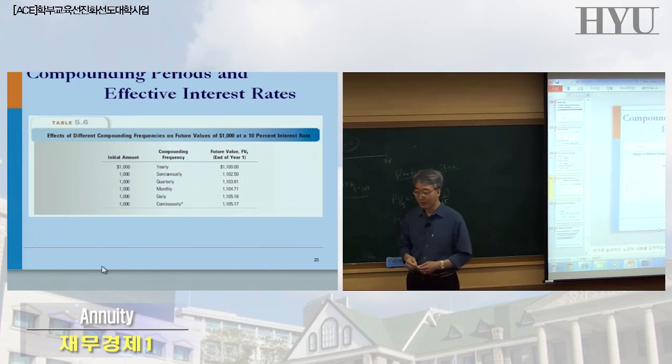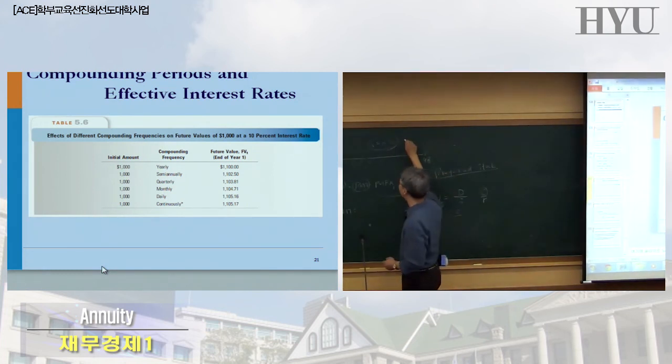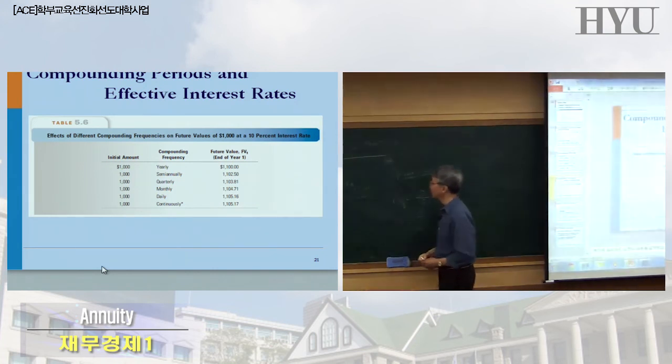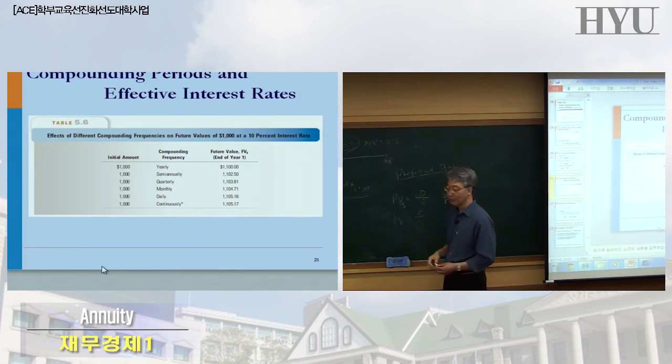And they say APR is 12%. APR is annual percentage rate. Well, that's okay, but you have to actually read the fine print.